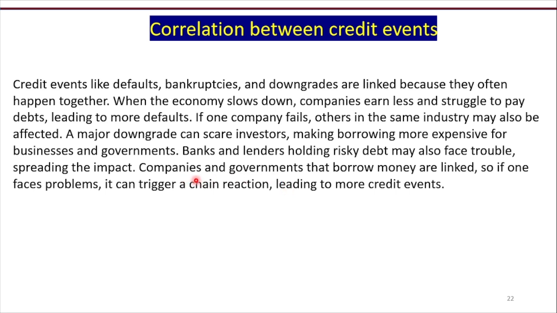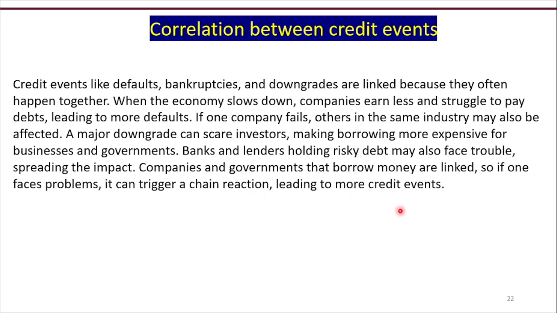Companies and governments that borrow money are linked with each other. So if one faces a problem, another also faces the problem. It can trigger a chain reaction, leading to more credit events.